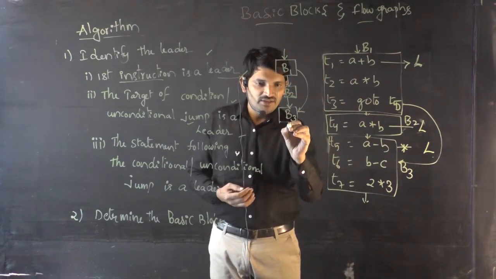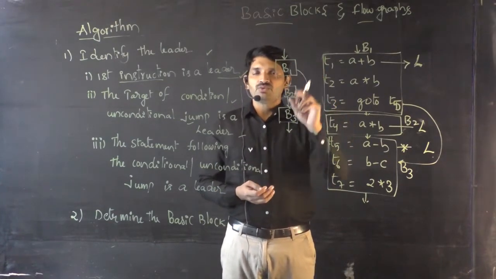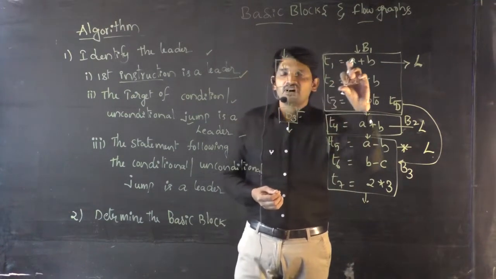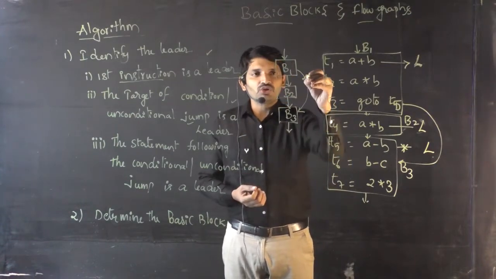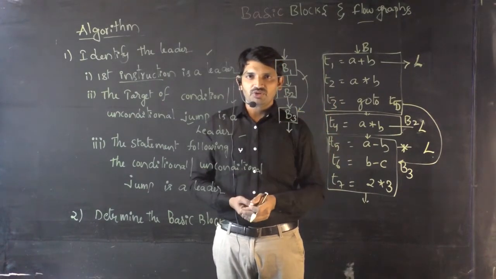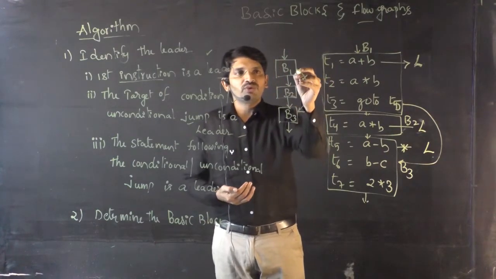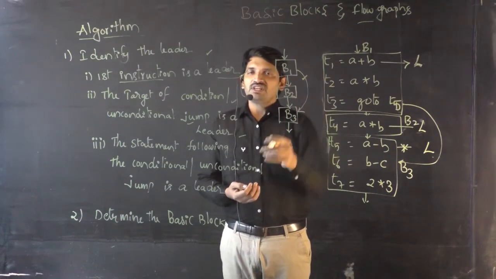Then this is the exit point. So this is the basic flow graph representation. Here these nodes represent the basic blocks and these edges represent the control flow between these basic blocks, or how the control is going to move from one basic block to another basic block.